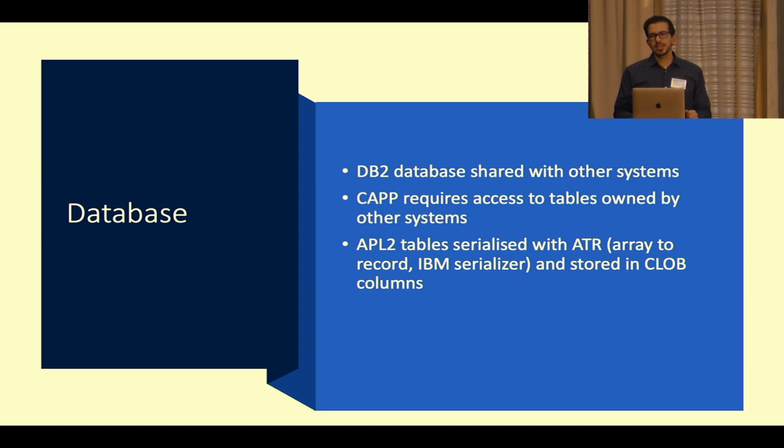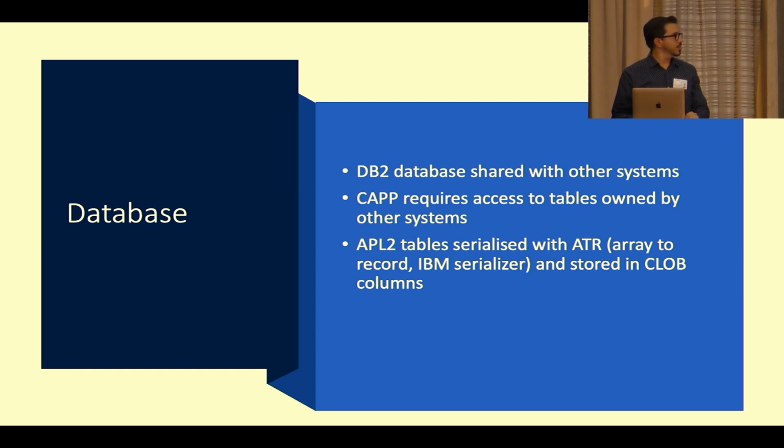They're serializing this with an IBM format called ATR, which is not something that we can easily generate from Dyalog. What they do have is support for the SCAR format that I believe Björn either invented or designed, and that makes it possible for us to serialize and deserialize on both sides of this.